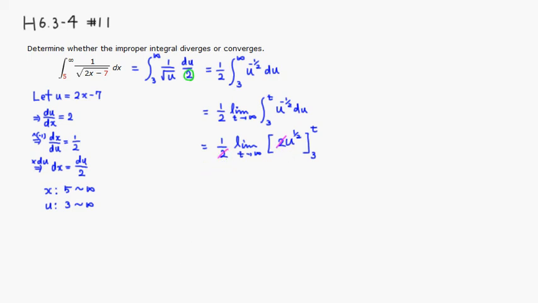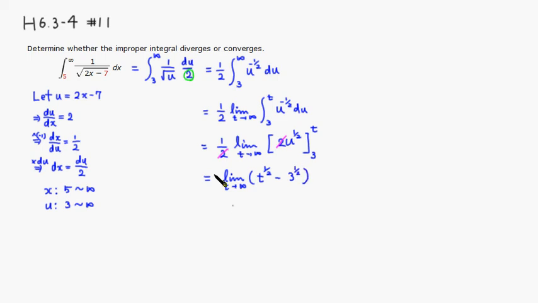Then we have the limit as t approaches infinity. Plug in t, so it's going to be t to the 1/2 power minus 3 to the 1/2 power.